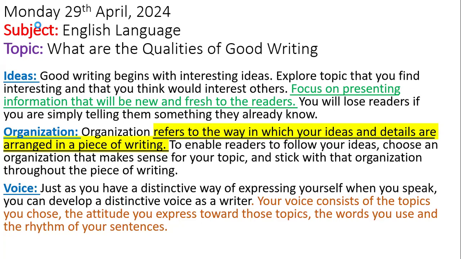Very good. Gianna, where's Gianna? Yes, sir. What are 3 qualities of good writing? Ideas, organization, and voice. Very good. And Kamaya, what are 3 qualities of good writing? Kamaya?